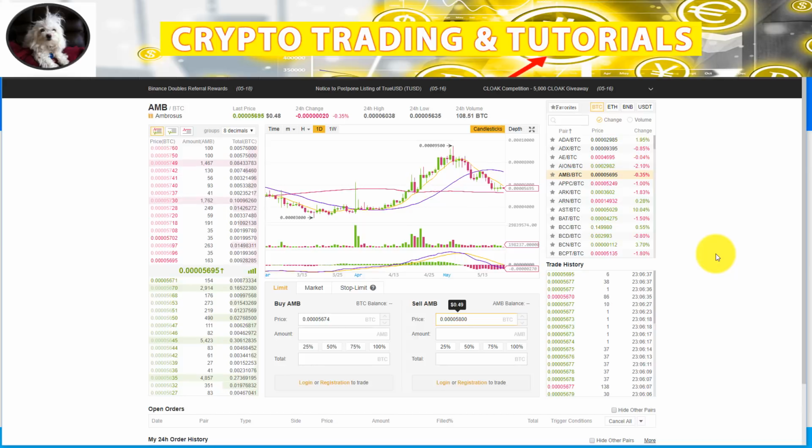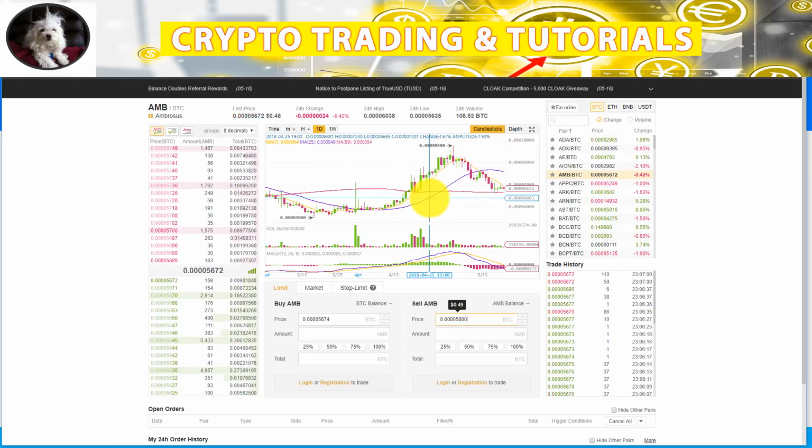Now let's move on to the next thing that makes prices move and stop, and that is moving averages. Now we're looking at AMB, Ambrosus, BTC, and we're looking at Binance right here. And Binance puts moving averages, both the 25, so this purple line that you see here, and we're looking at the daily. This purple line is the 25 moving average.